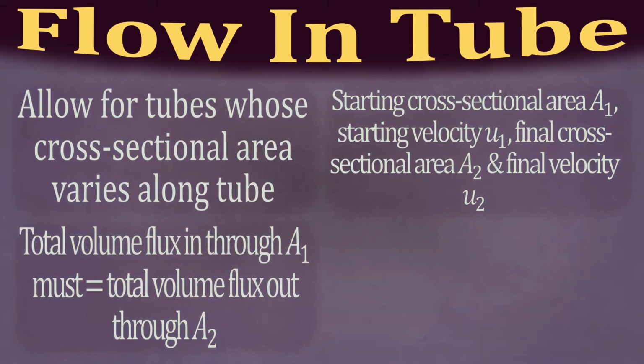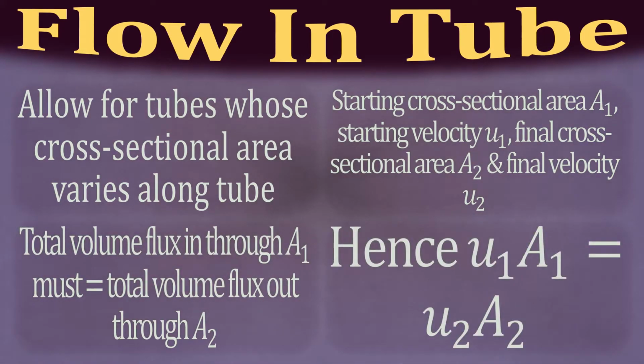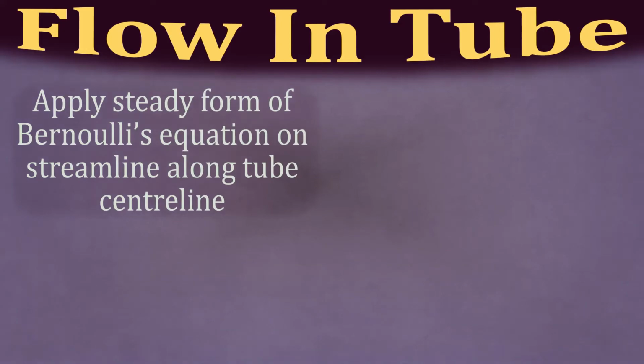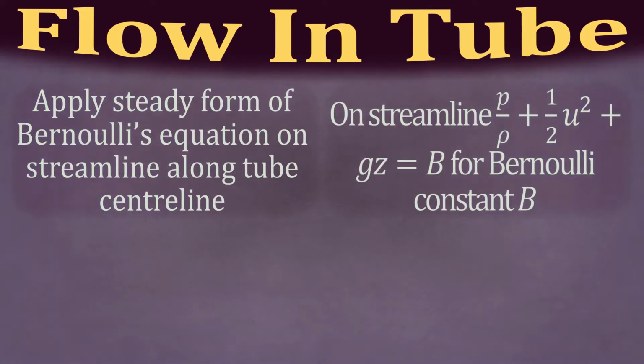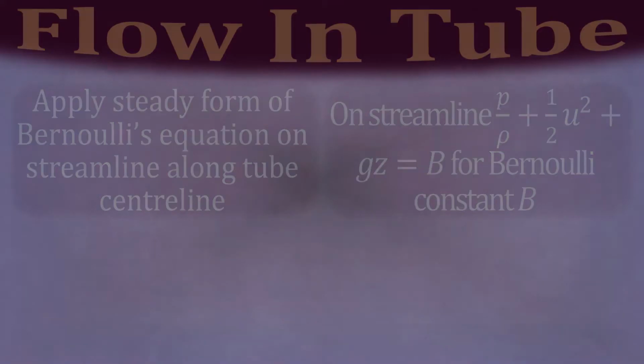Hence, u1 A1 must equal u2 A2. We can apply the steady form of Bernoulli's equation on the streamline along the tube centerline. So, on the streamline, we have p over ρ plus a half u squared plus gz is equal to B for Bernoulli constant B.